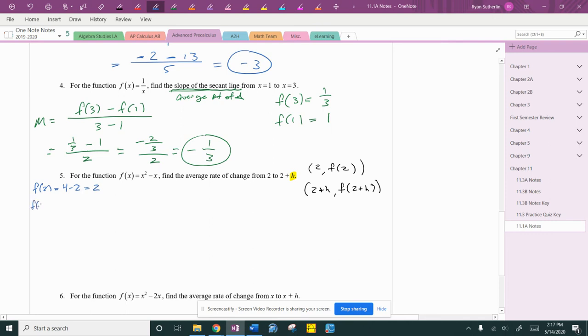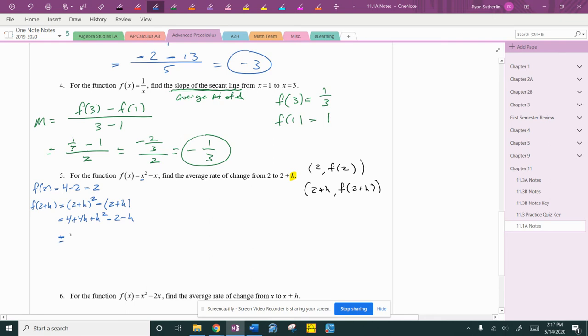F of 2 plus h. So remember what function notation tells us to do? It says anywhere we see an x, we're going to replace it with 2 plus h. So I have 2 plus h squared minus x, which is 2 plus h. Now I need to expand this out. So 2 plus h squared means 2 plus h times 2 plus h, which is 4 plus 4h plus h squared minus 2 minus h.